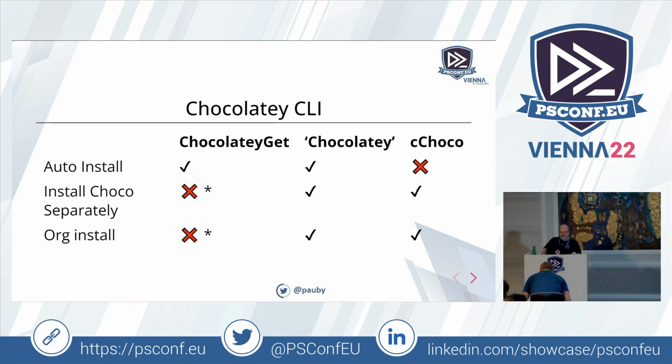So it'll automatically do it for you. Chocolatey, you can specify where that one lives on your Nexus Artifactory, and the same with cChoco. You can specify that as well. So in an organization, if you've got your Chocolatey package internalized, maybe the Chocolatey Get provider is not one that you want to use, unless you go away and install that some other way behind the back of the provider itself.